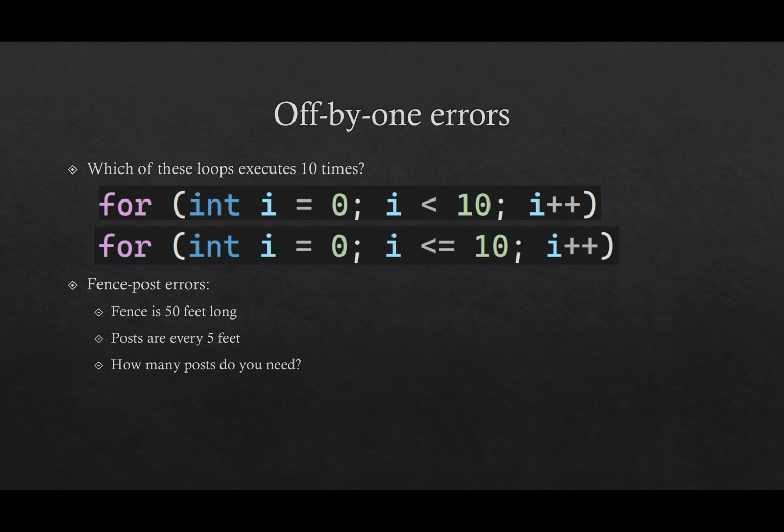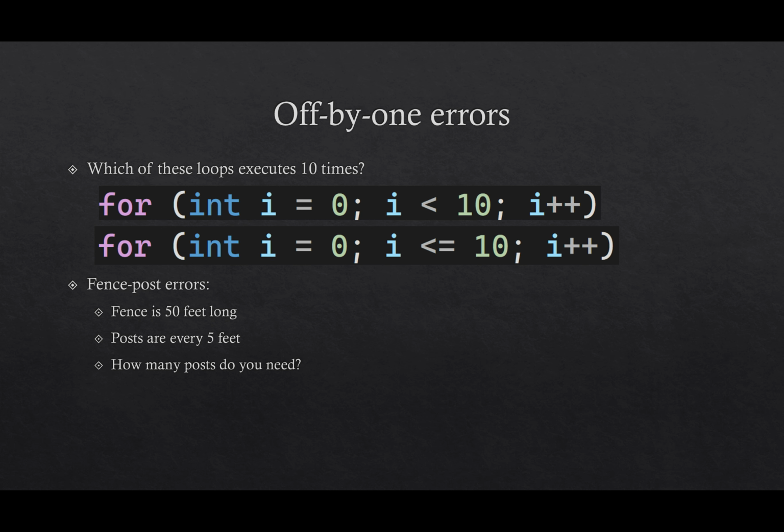For the second iteration, it will be 1, and then 2, 3, 4, 5, 6, 7, 8, and then 9. After the iteration where I is 9, we increment it to 10. 10 is not less than 10, and so we exit the loop.